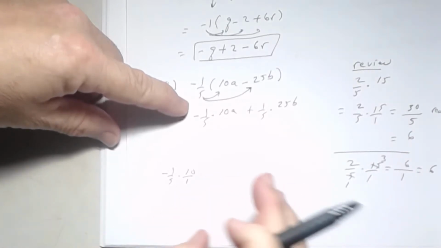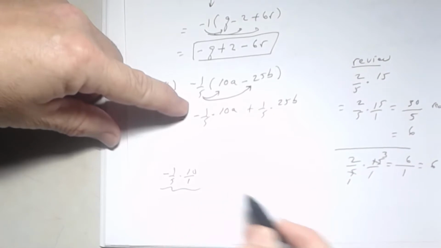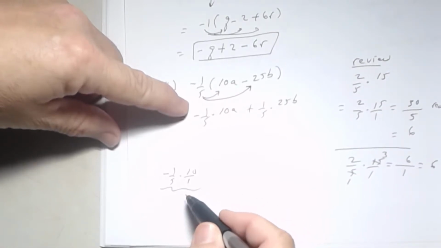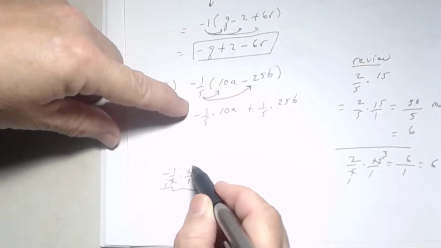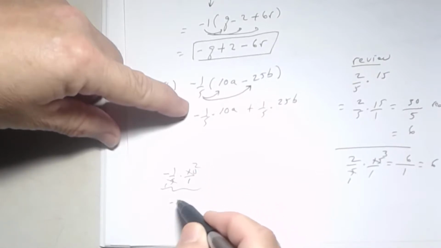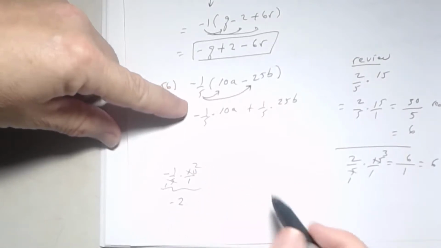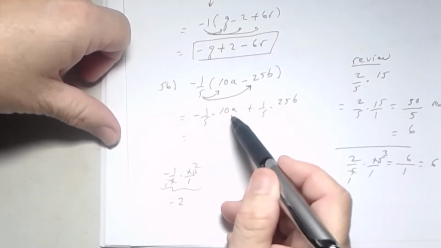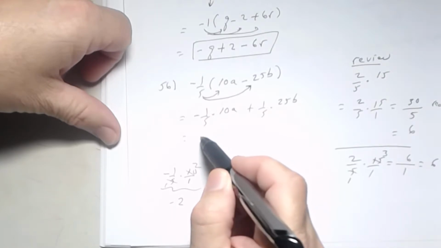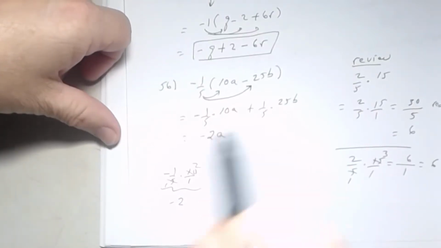Does not matter. What should the answer be? Negative 2. 5 into 5 is 1, 5 into 10 is 2, and you're left with negative 2. So therefore, negative 1/5 times 10a is negative 2a.